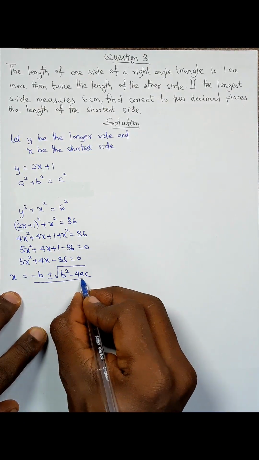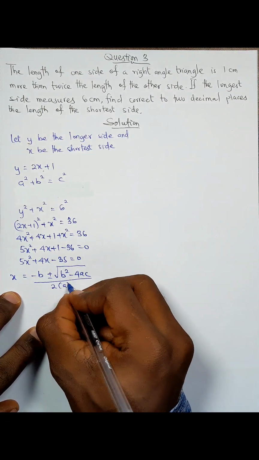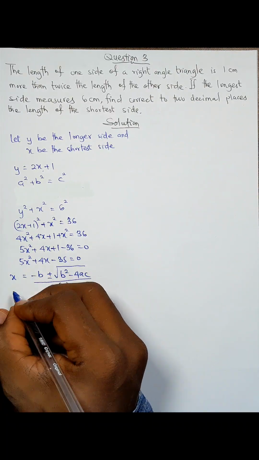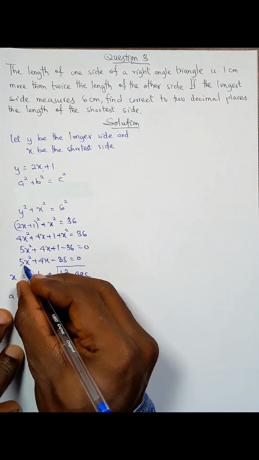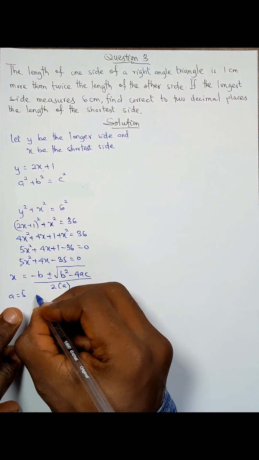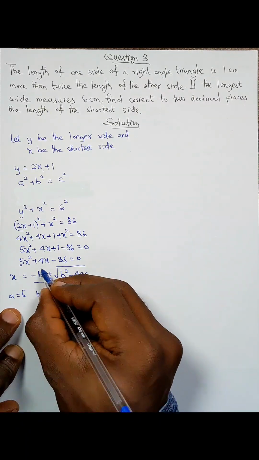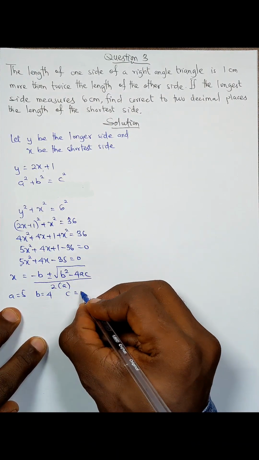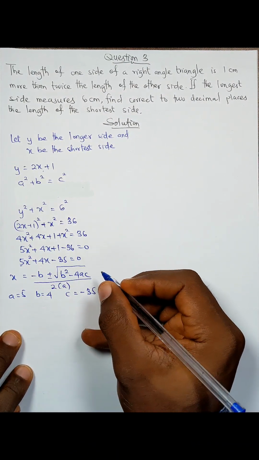So I'm writing down the quadratic formula. From this, we can write out the constants: a is equal to the first number in front of the x squared being 5. Then b is going to be the number in front of the x being 4. Then c is going to be the constant being minus 35.